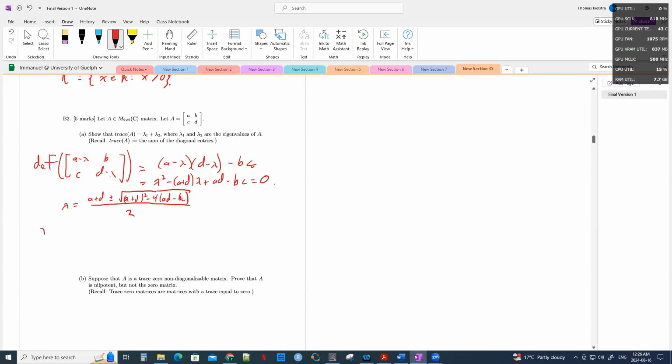Well, we'll let lambda 1 be the positive one and lambda 2 be the negative one.